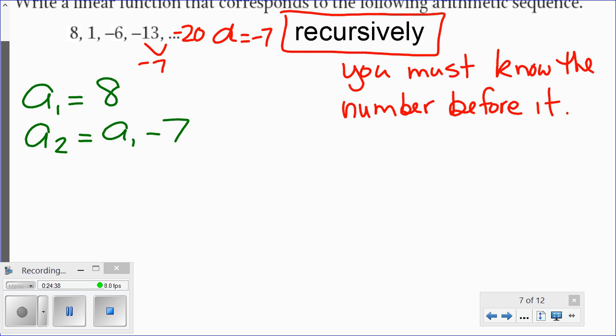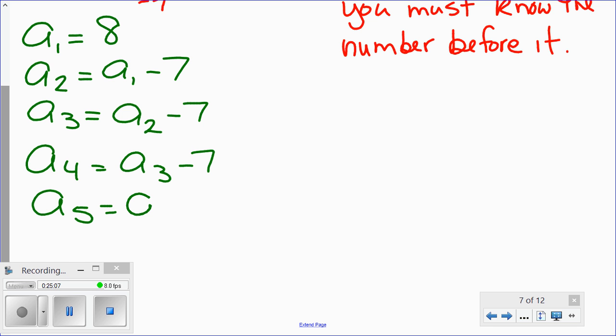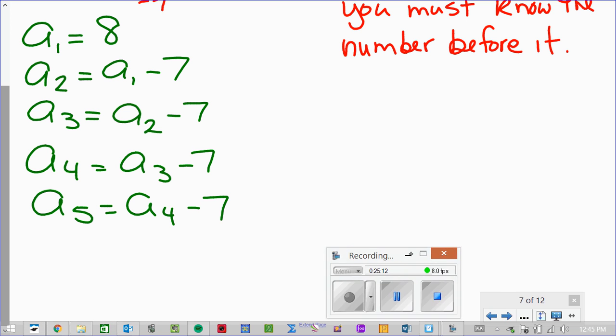To find a sub 2, I take a sub 1 and I subtract another 7. Agree? To find a sub 3, I take the number in front of it, a sub 2, and I subtract 7 again. So you always take the number in front of it. To find a sub 4, I take a sub 3 minus 7, a sub 5, a sub 4 minus 7, and we just keep going and going.